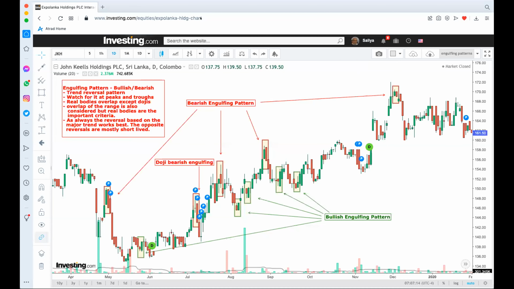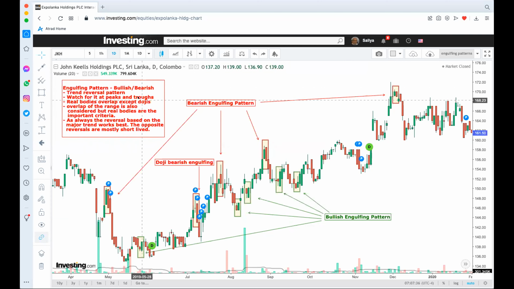To open it up, I'm going to take you all through the pattern called engulfing patterns. As I mentioned here, you have two types of engulfing patterns: the bullish engulfing pattern and the bearish engulfing pattern.